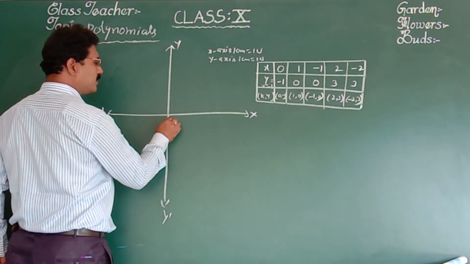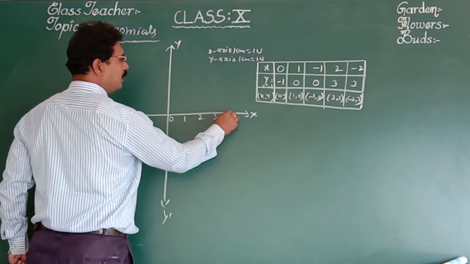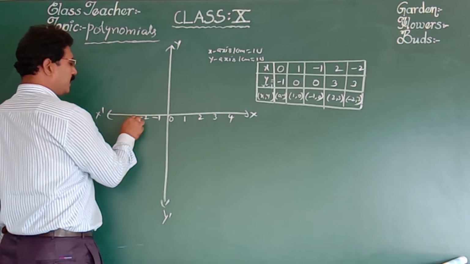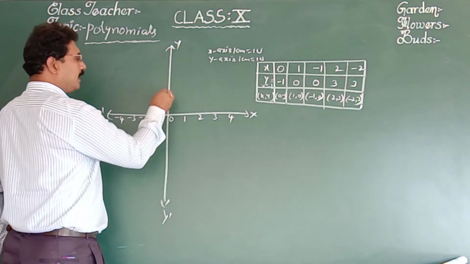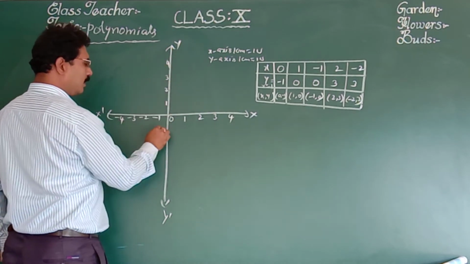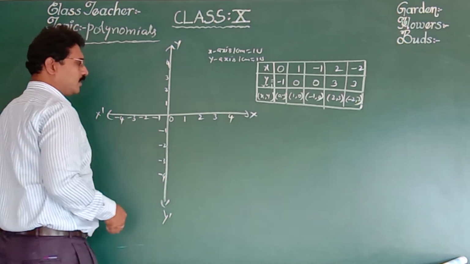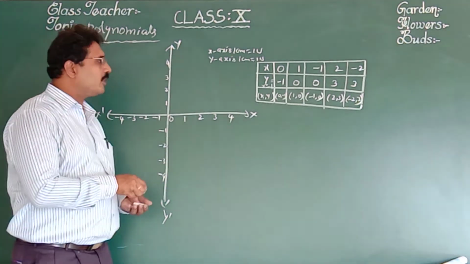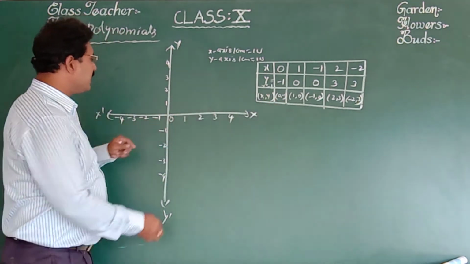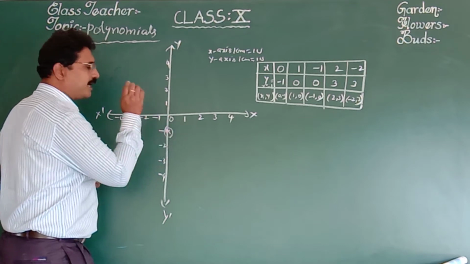Now mark the points 0, 1, 2, 3, 4, minus 1, minus 2, minus 3, minus 4 on the x-axis, and on the y-axis 1, 2, 3, 4, minus 1, minus 2, minus 3, minus 4. Now plot the points. First point, x is 0, y is minus 1, means it is down, on the y-axis.